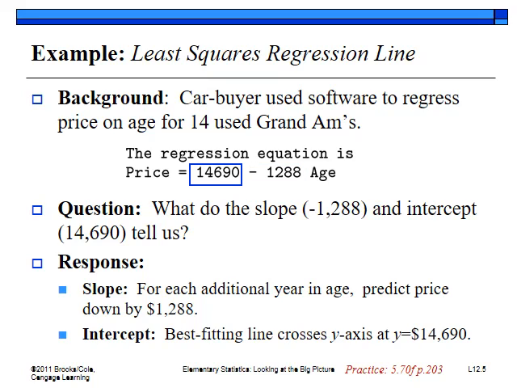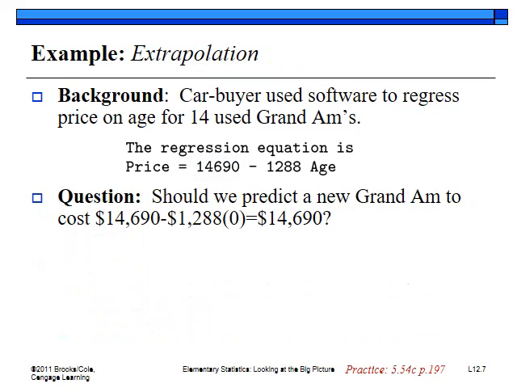The intercept we interpret as the place where the line crosses the y-axis. We should be careful, though, about saying that it is our prediction for when the age is 0.